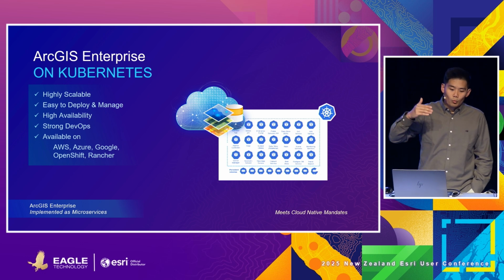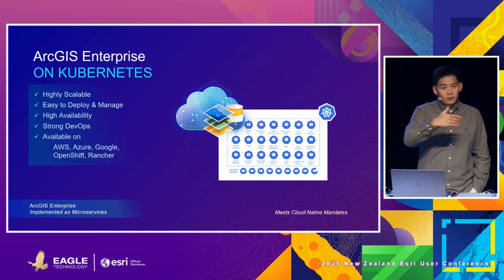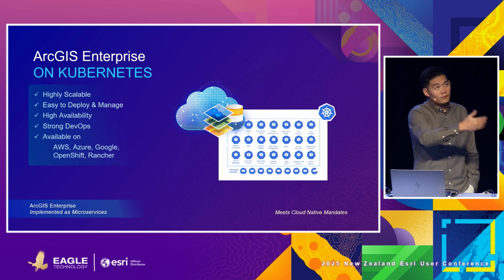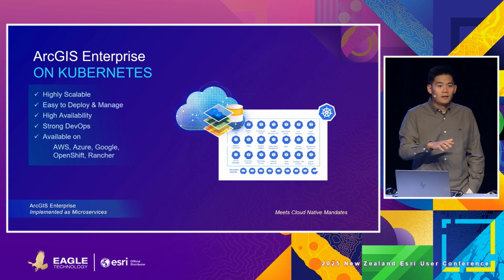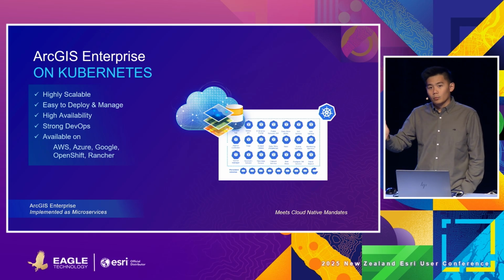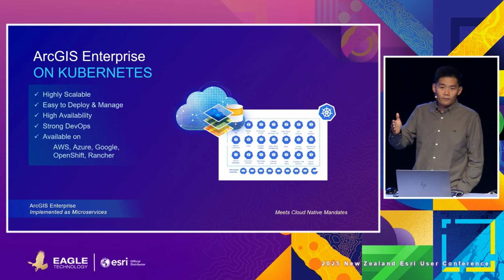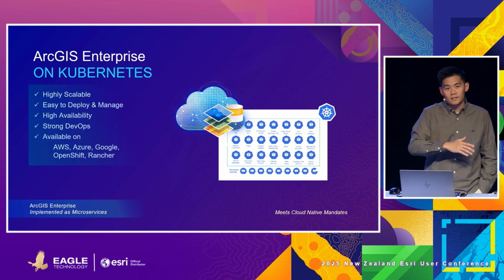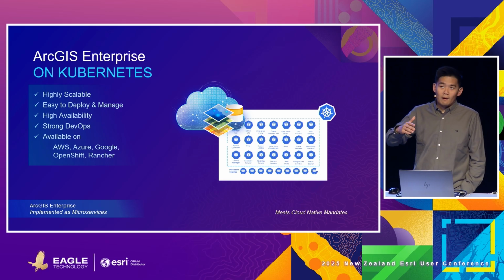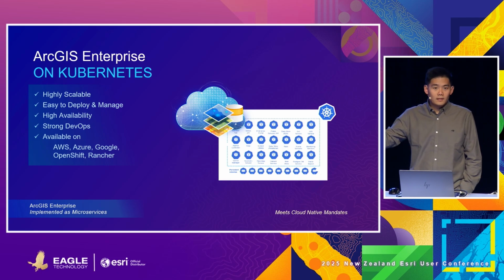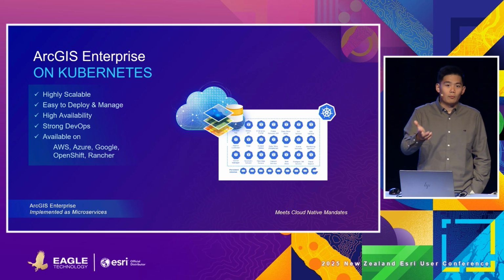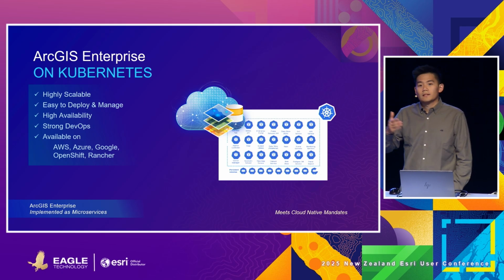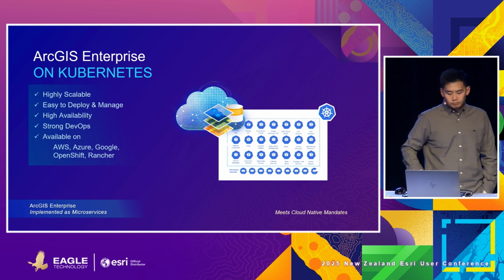So why I put so much detail into this and fought to have so much time to talk about Kubernetes is hopefully helping everyone to see: is this something that you will need? Or if you only have 3 persons using ArcGIS Enterprise, you don't need the scalability, or maybe it's just the deployment and management that will benefit you. So start to think about that side.